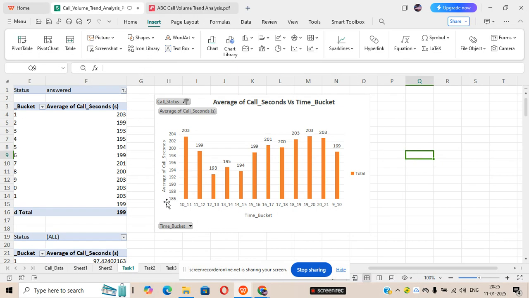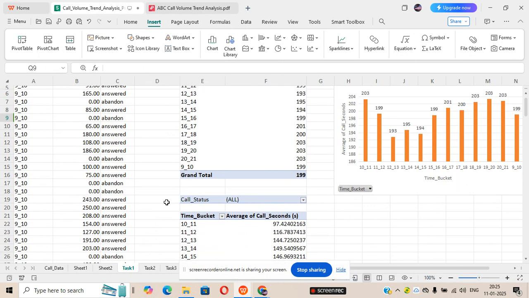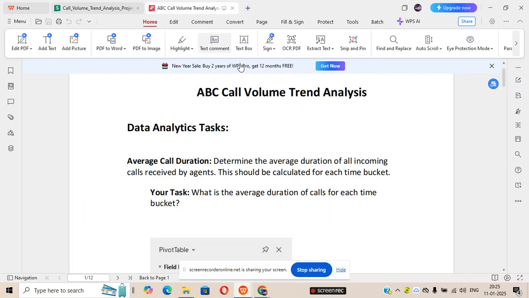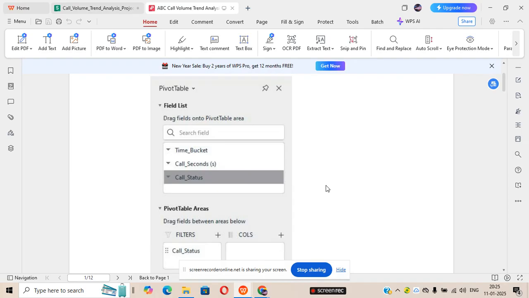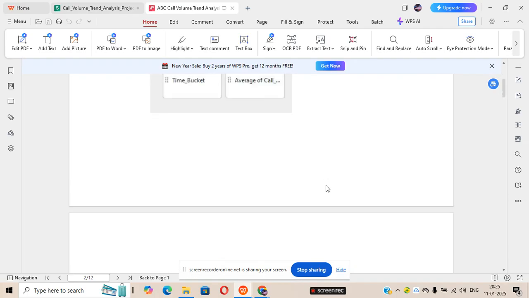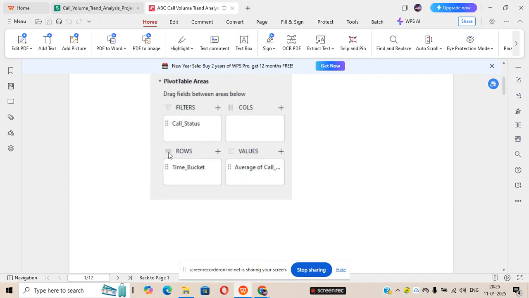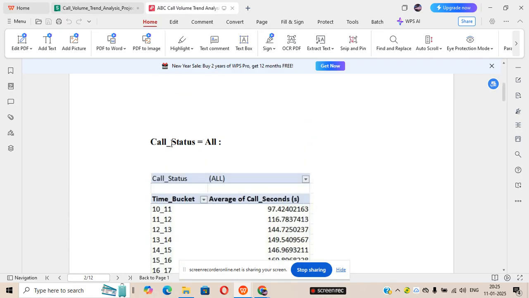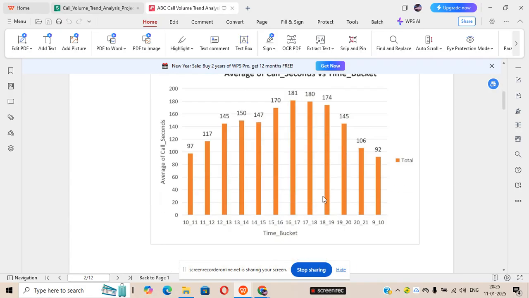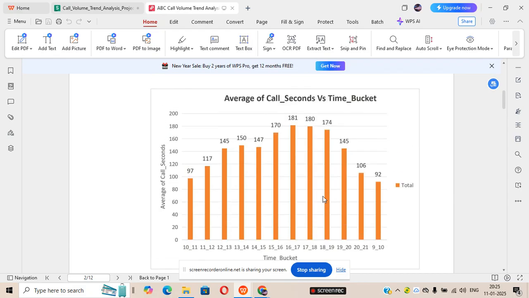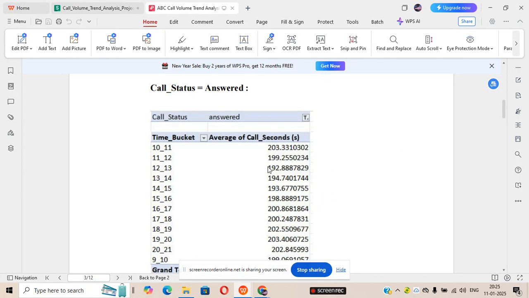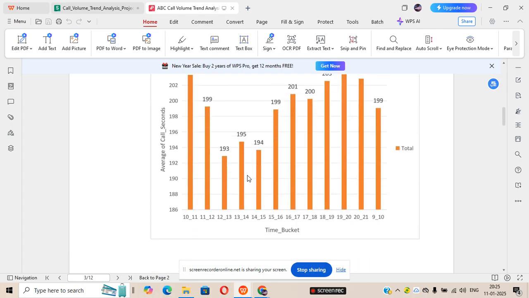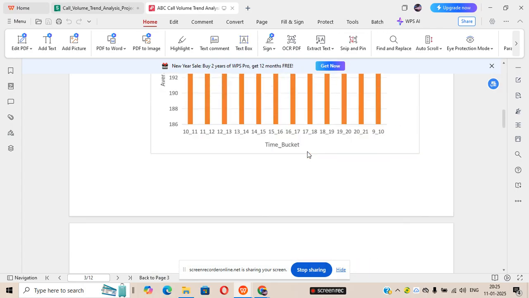This is the first task I have done, and I have pasted the steps by screenshot. This is the pivot table changes, and this is the call status. It is all for the pivot table and pivot chart, and answered for the pivot table and pivot chart. This is the first task.